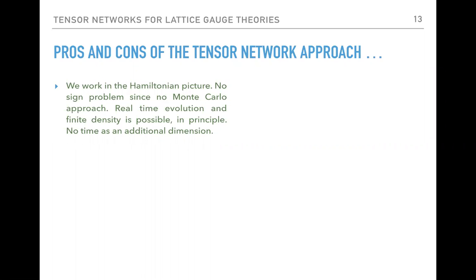And so, since we work in the Hamiltonian picture, there's no sign problem, because there is no Monte Carlo approach that we have to do. In principle, you have real-time evolution, and you have finite density, and all these nice things. And since you work in the Hamiltonian picture, you don't need to include time as an additional dimension. So this saves you a little bit of computer time as well.